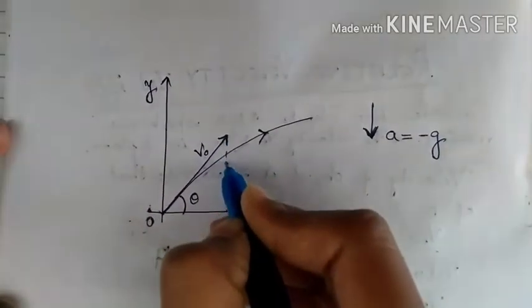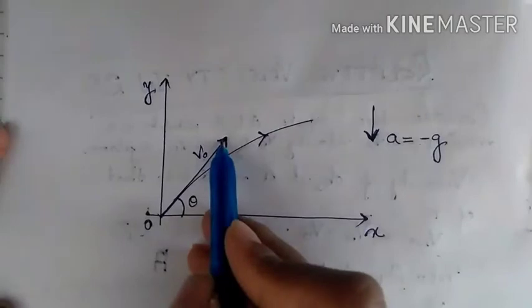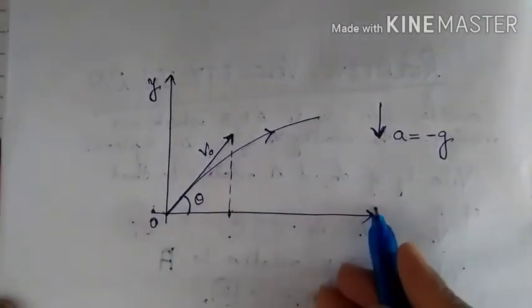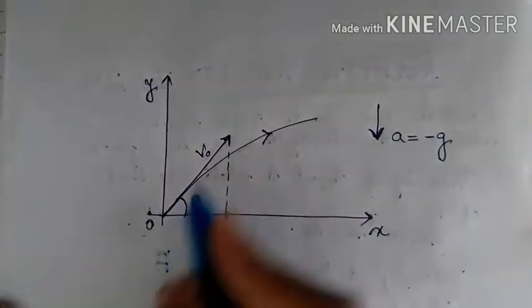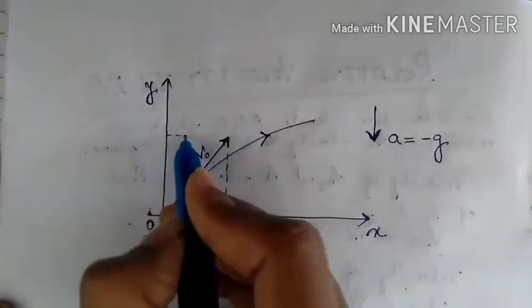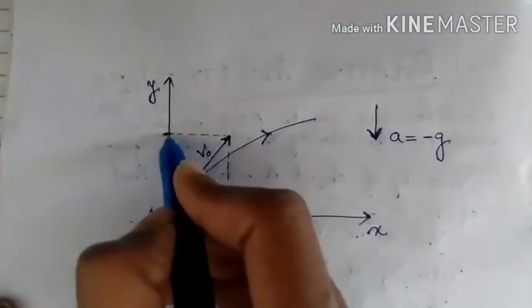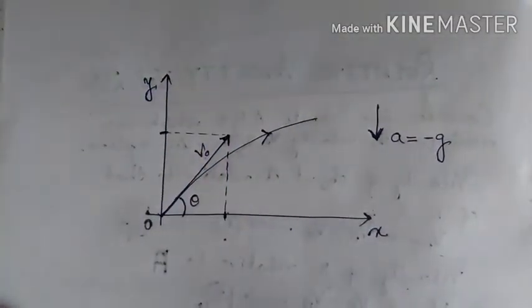So let me draw the perpendicular line from the v naught vector, so that it crosses the x-axis at a point. And now again draw the perpendicular line to the y-axis, and this line cuts the y-axis at a certain point.